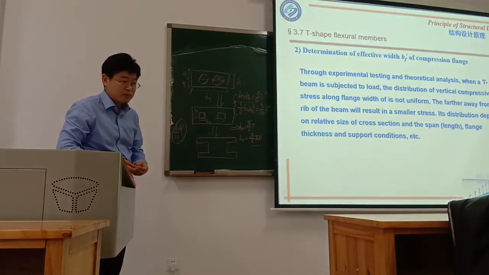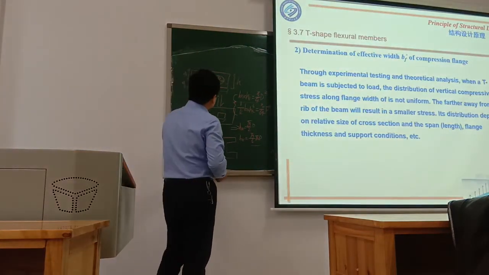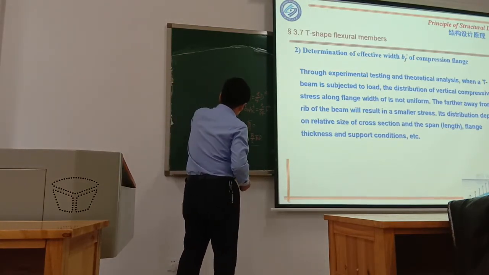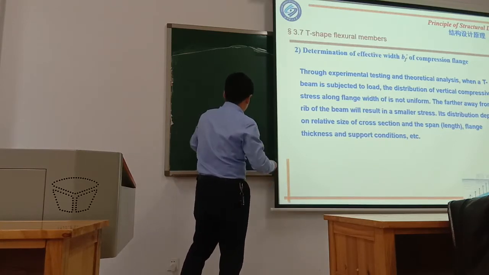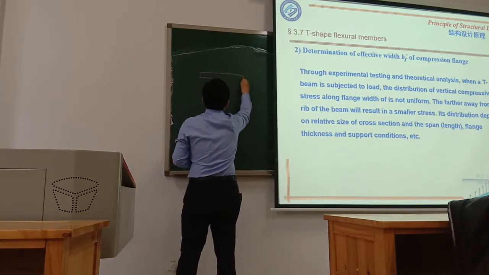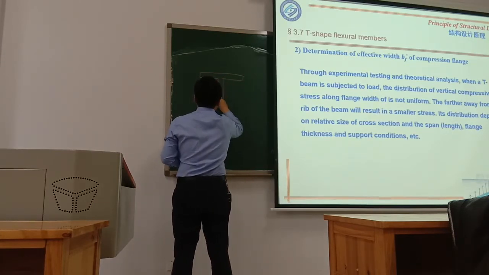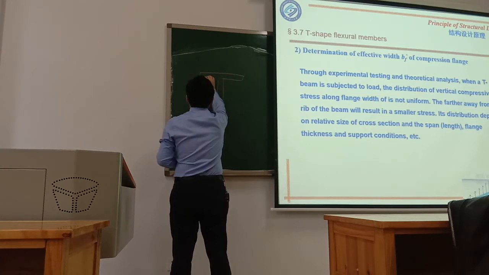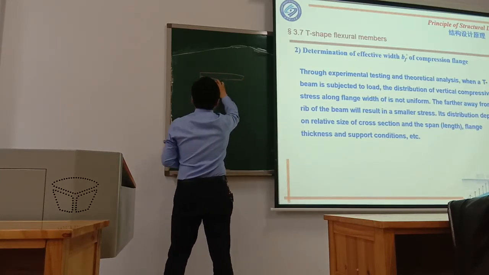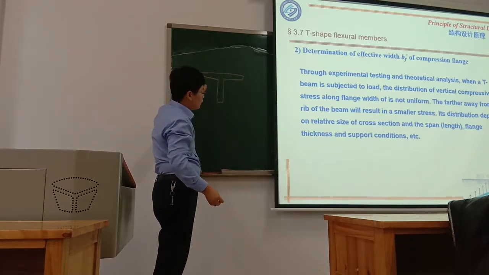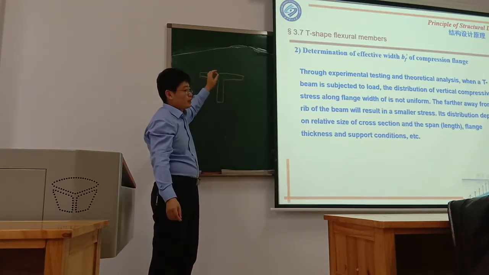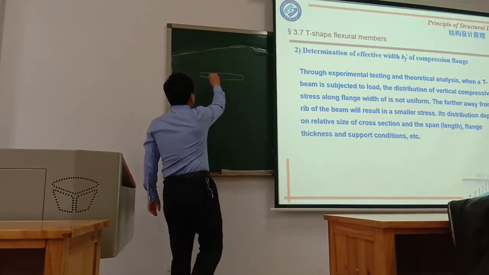Because in the real situation, for this T beam, the upper part is in compression, but the real distribution of the compression actually is like this.